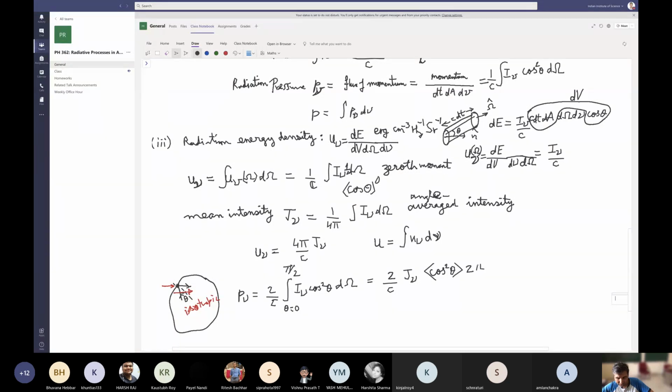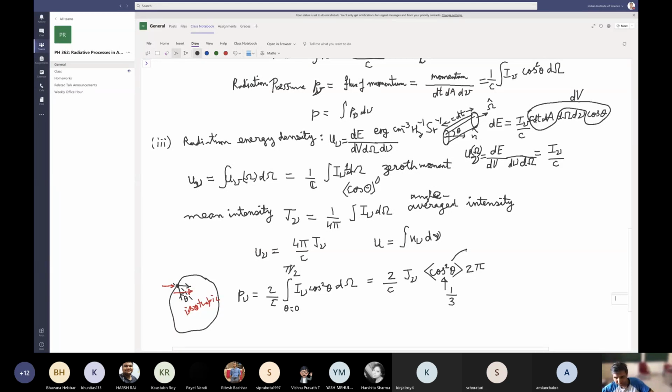Because you're only considering half the solid angle, only photons which are going towards the wall, this 2 and this 2 pi make it 4 pi. And what is the average of cos square theta in spherical coordinates? 1/3. See, this is not a cylindrical polar geometry, right?